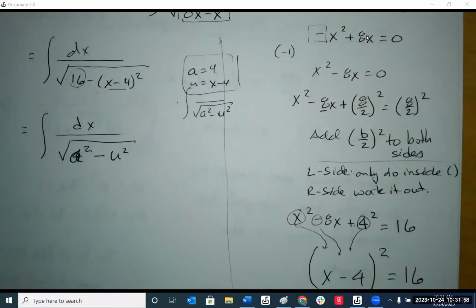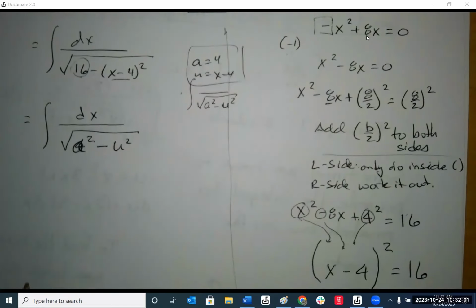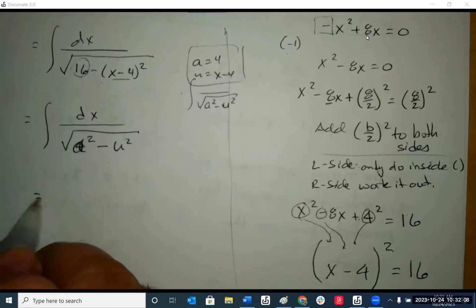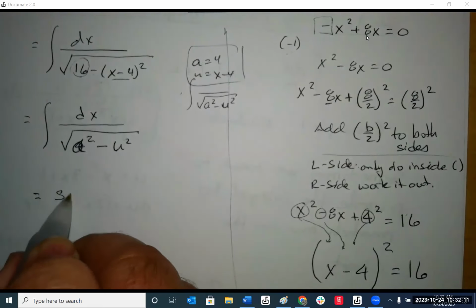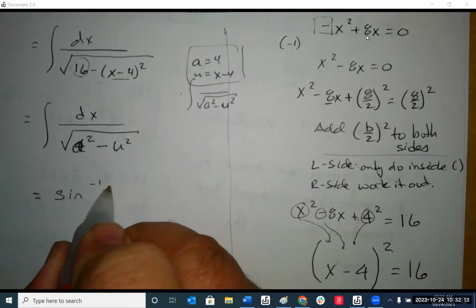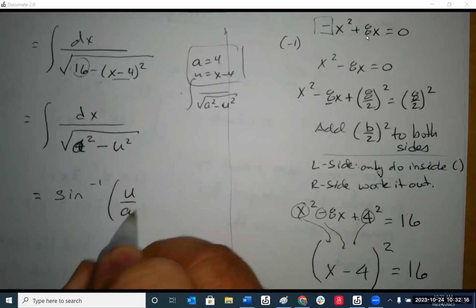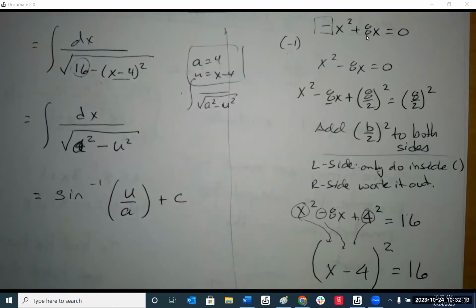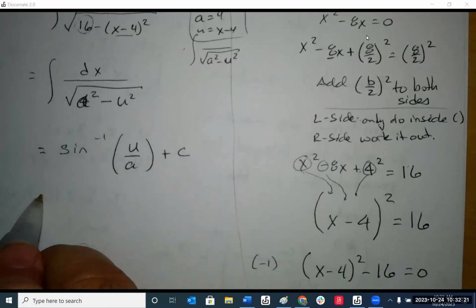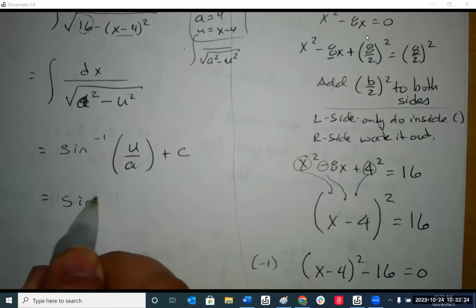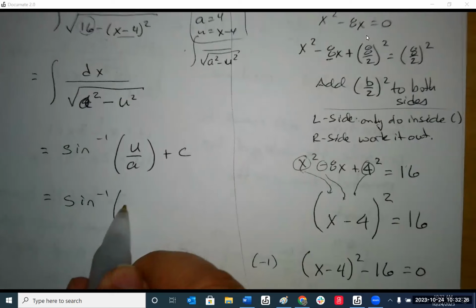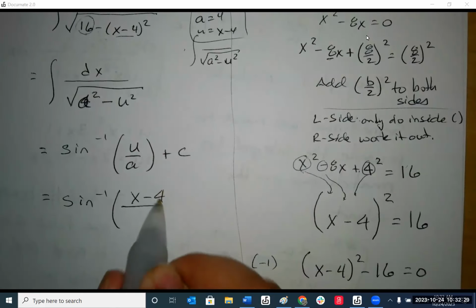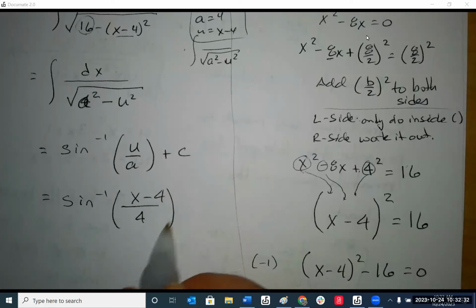This is what we have. Makes it much easier to write than that. Since that matches our Rule 18, we know that the answer is the inverse of sine of U over A plus C. The inverse of sine of U, where U is x minus 4, over 4 plus C. And there's our answer.